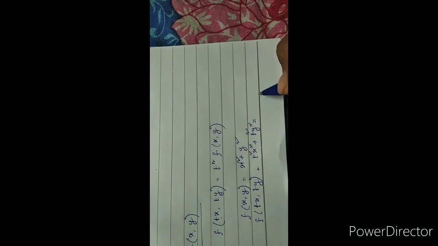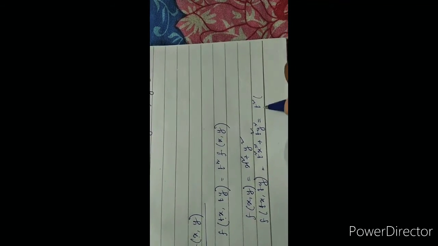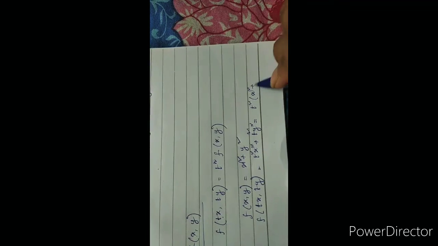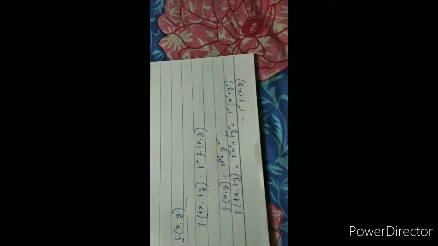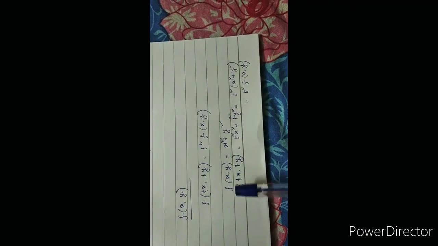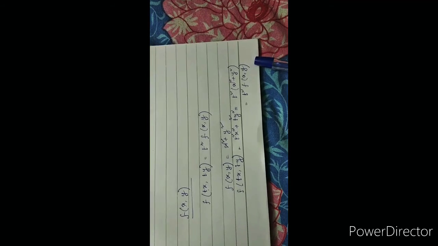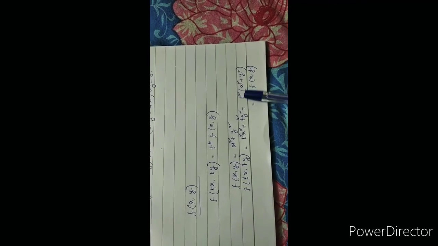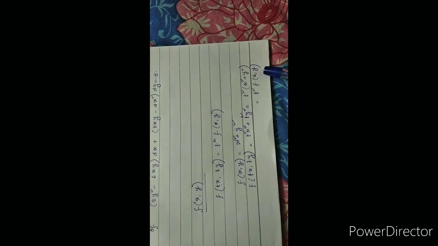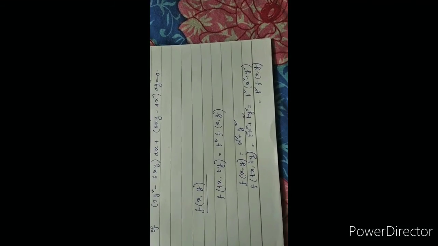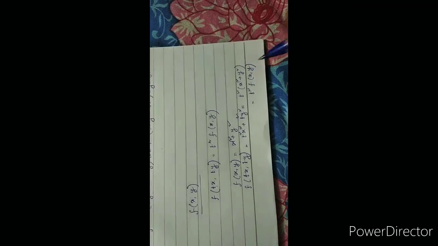Now you can take t square common, and this becomes x square plus y square. Hence you see f(x,y) is coming again. So we have f(tx,ty) equals t square f(x,y). The value of n here is 2, so the function f is undoubtedly a homogeneous function of degree 2.